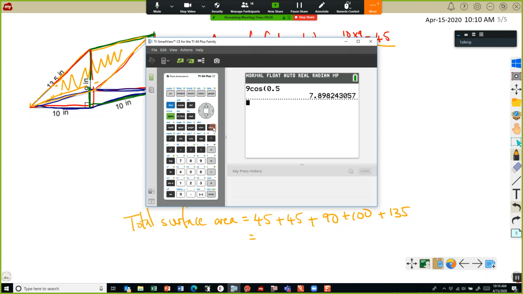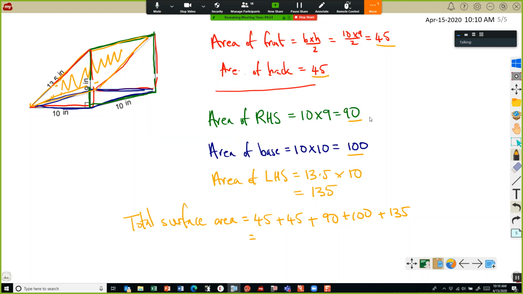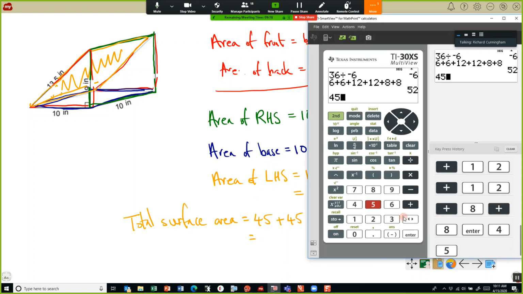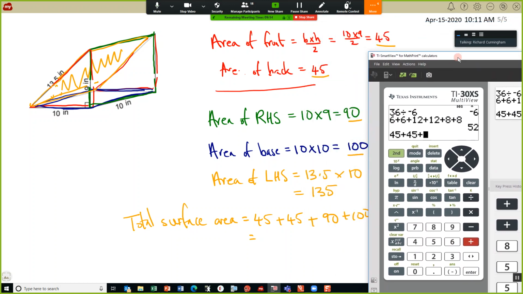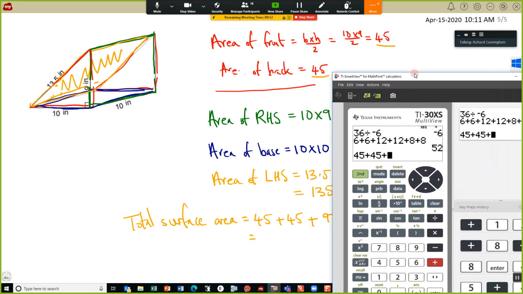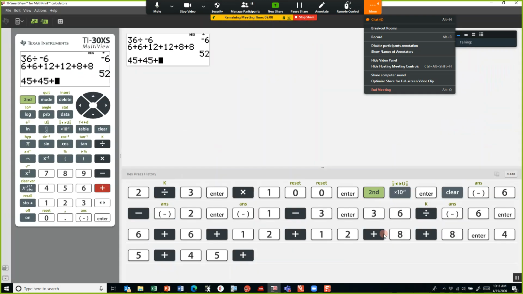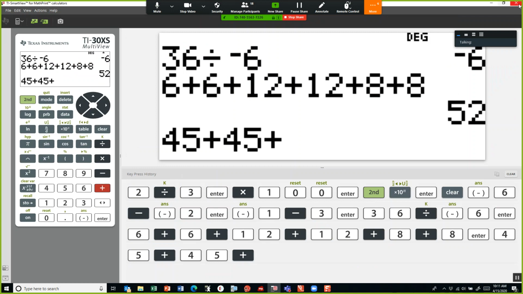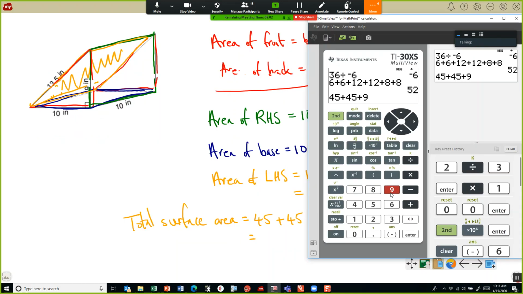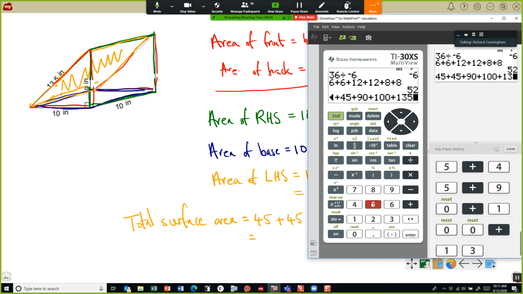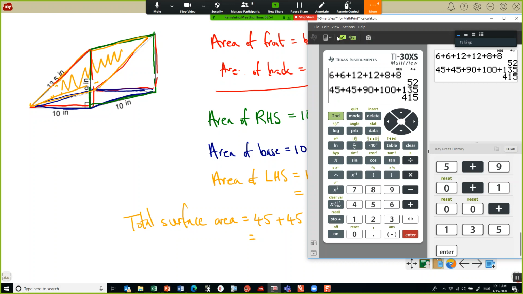So I've got, calculator's not working, where's my other one? So 45 plus 45 plus 90 plus 100 plus 135 is 415.